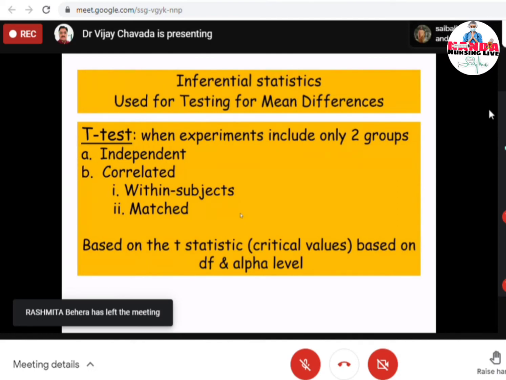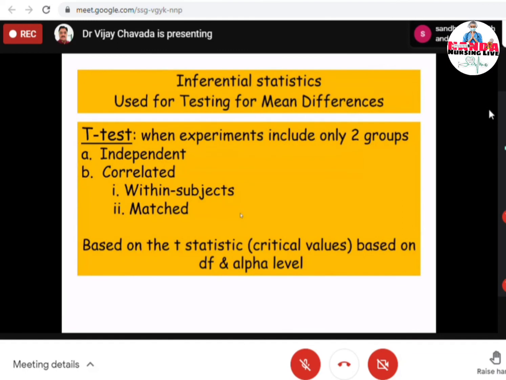Nominal is like categories, color, religion. It has no relation with each other. There can be a car of black color, red color, silver color. It's the name of the category: male, female, Hindu, Muslim, Christian.